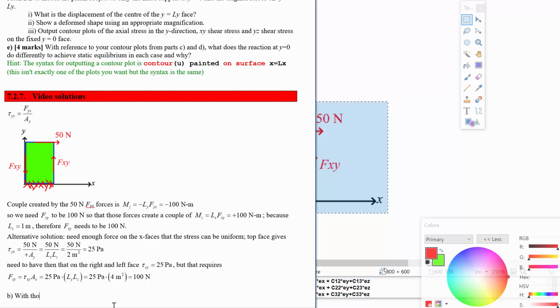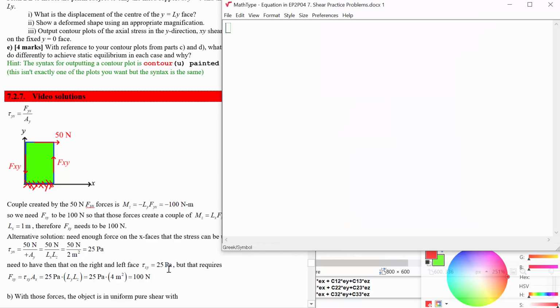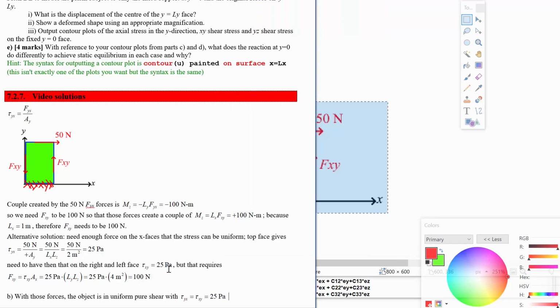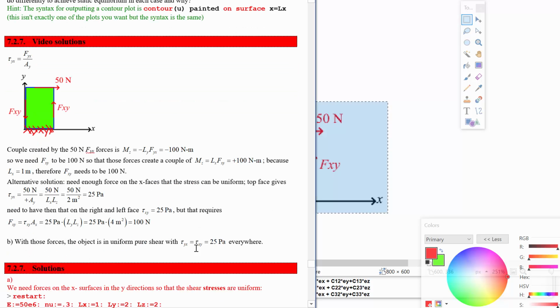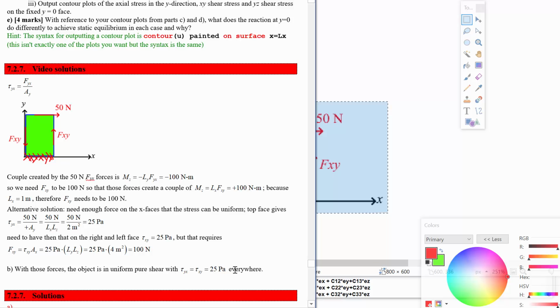So with those forces, the object is in uniform pure shear with tau yx equals tau xy equals 25 Pascal everywhere. So everywhere it's true that tau yx equals tau xy, but now it's true that this is the same stress that we have everywhere.